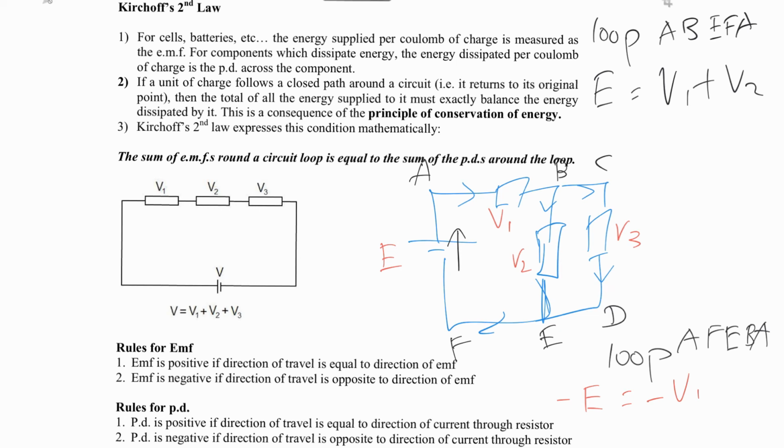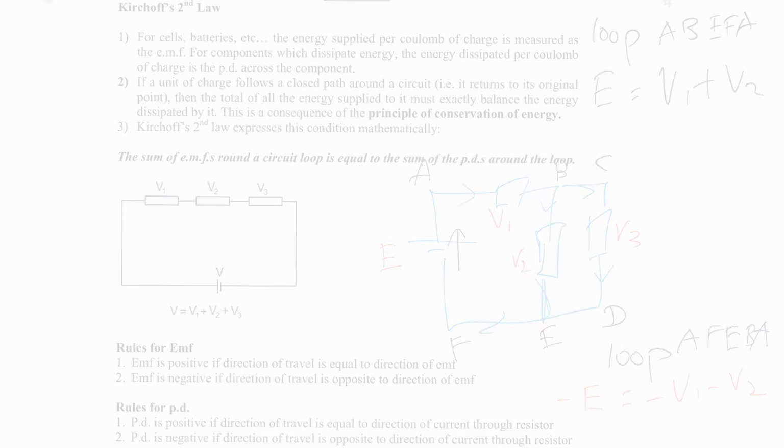And if I look at this resistor, I'm traveling this way from E to B, but the current is downwards, so it's a negative PD, so it's minus V2. But if you think about this, isn't this the same as this? So therefore, regardless of how you read the loop, whether clockwise or anti-clockwise, you end up with the same answer. But you must follow the rules when you're reading. Okay? Alright.